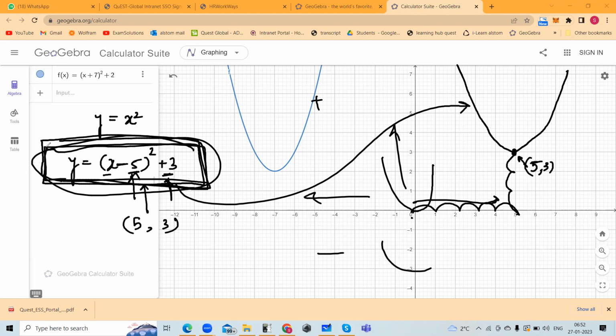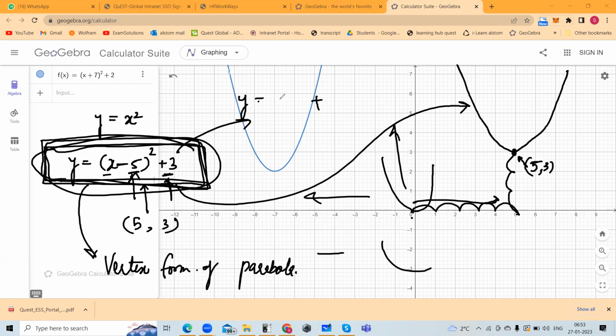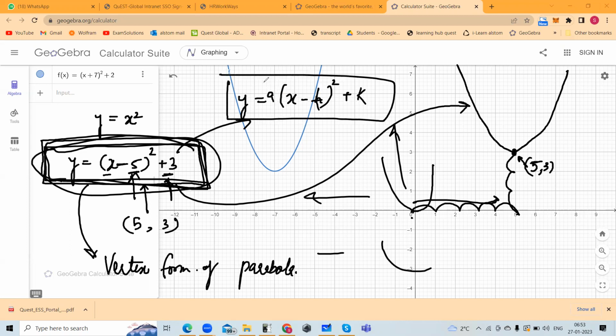The general form is y equals a times x minus h whole squared plus k. This is the equation of a parabola in vertex form.